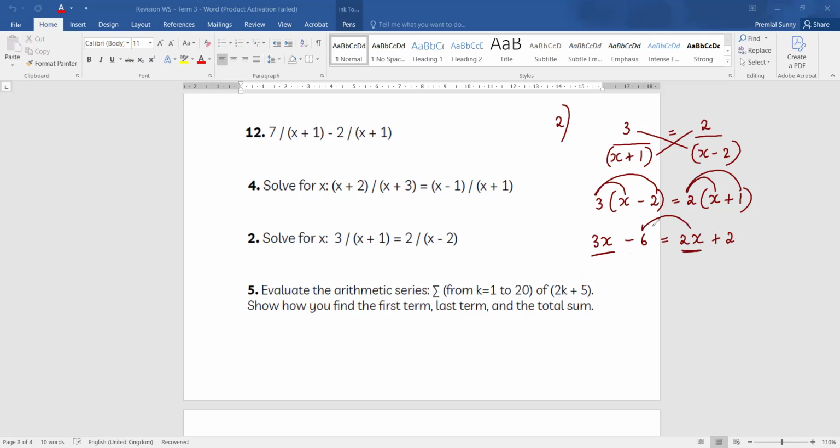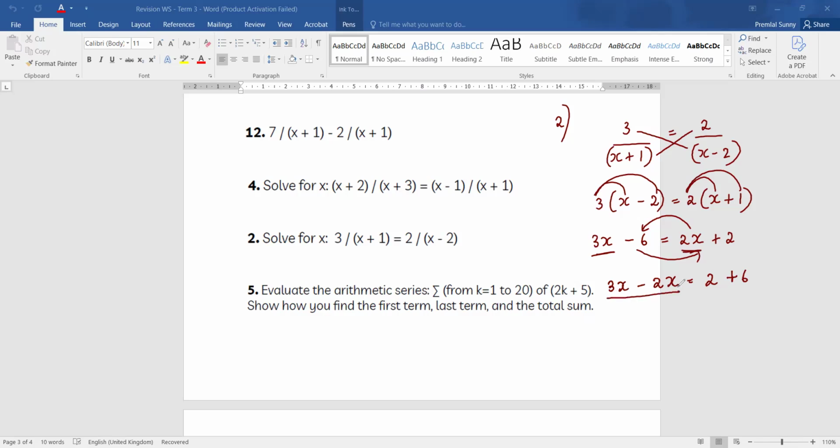Bring this 2x to the left hand side. So positive 2x goes to the left hand side, it becomes a negative 2x. Now negative 6, you bring it to the right hand side. Negative 6, when it goes to the right hand side, it becomes positive 6.